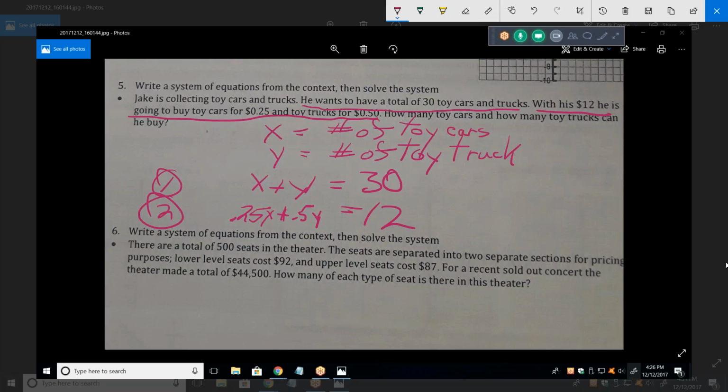What can I do to one of these equations? What can I multiply this bottom equation by so that I can then eliminate? Come up with a new equation 2. What do I have to multiply it by?